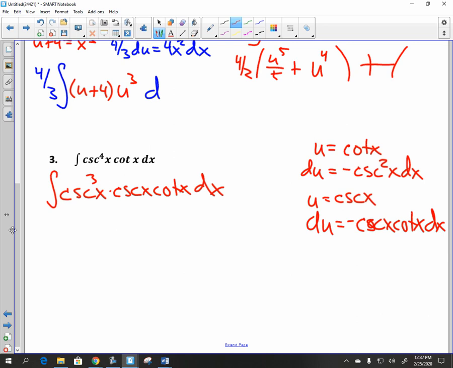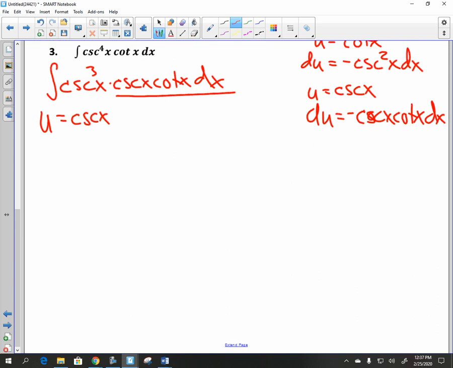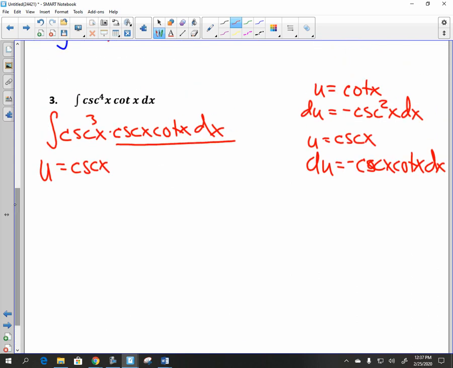So in this situation, u is equal to cosecant of x, because when you take the derivative of cosecant, you're going to come up with that guy right there. See how nice that is? So u is cosecant. Very good. We'll get rid of that.